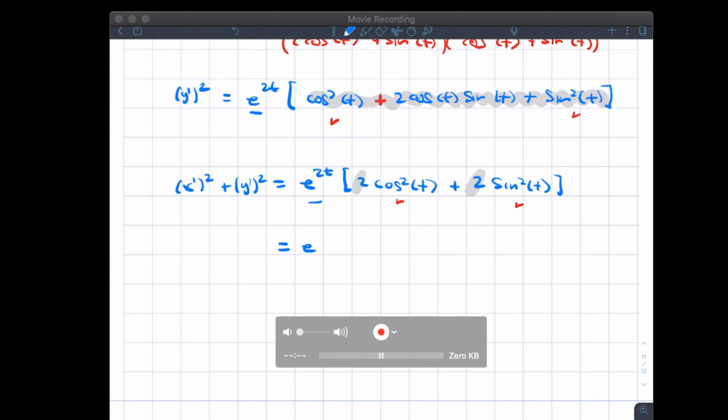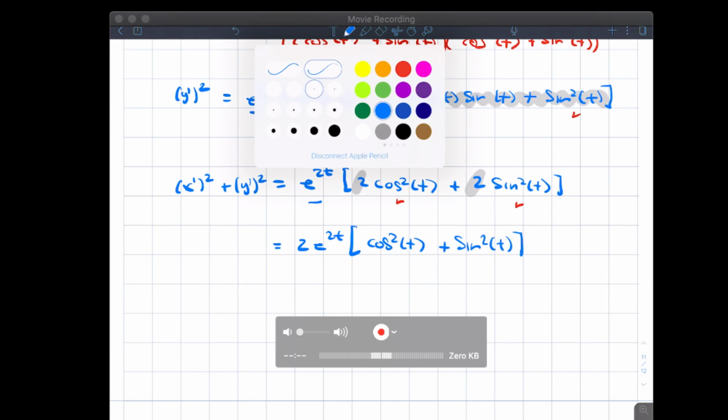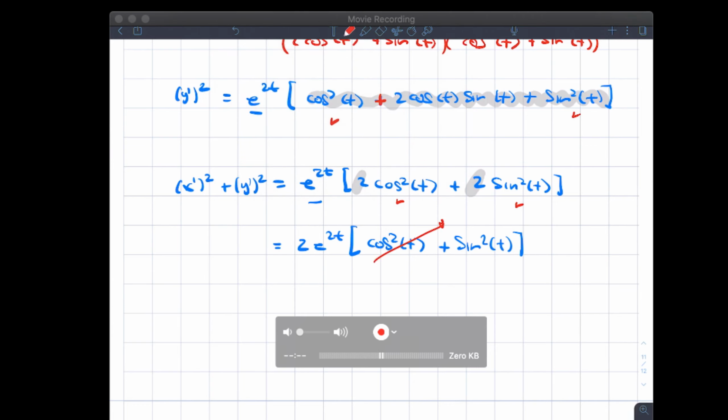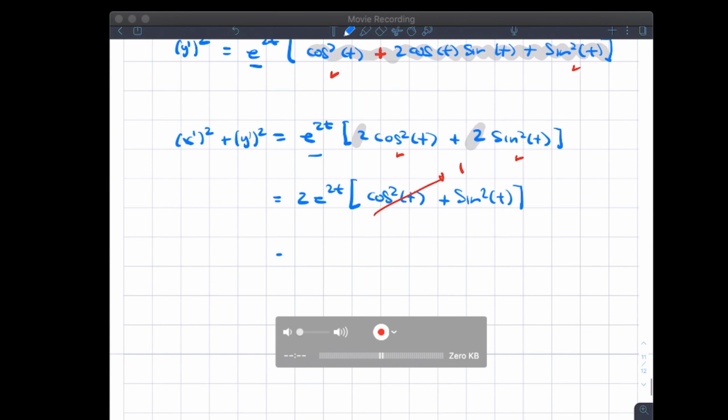The answer is yes. So if you factor that 2 out now, you get 2 e to the 2t. You're now left with a cosine squared t plus a sine squared t. And I guess this is part of that formula sheet on our test. We can have some of that identity there. But the point is, you end up with this nice 2 e to the 2t.